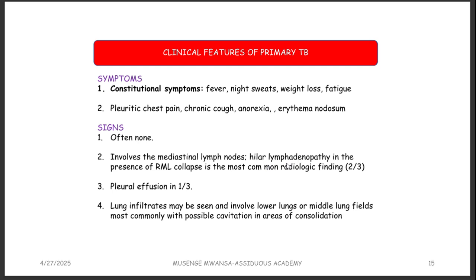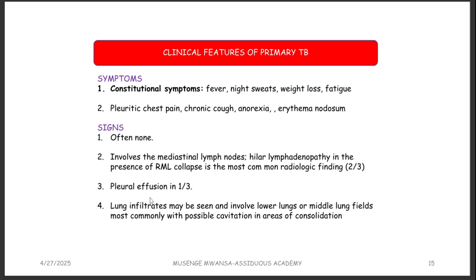You know, for the lungs, the trachea has got a point where it bifurcates into the primary bronchus, the left and the right primary bronchus. So the lymph nodes found on that point of bifurcation are the hilar lymph nodes, and these are going to be involved. And then there can also be pleural effusion.